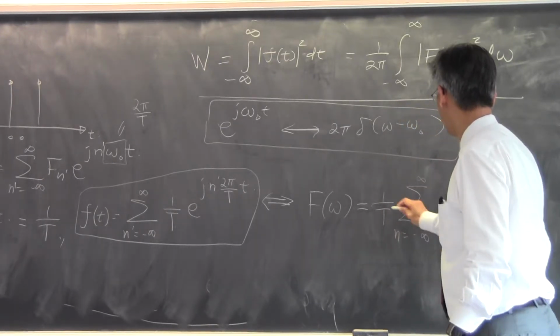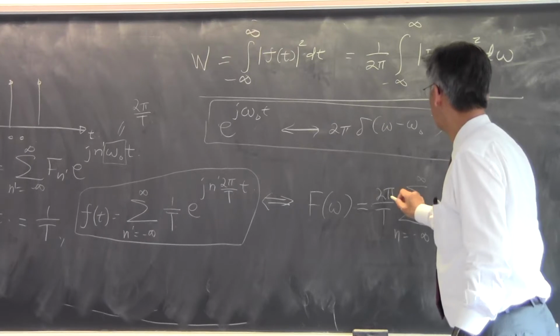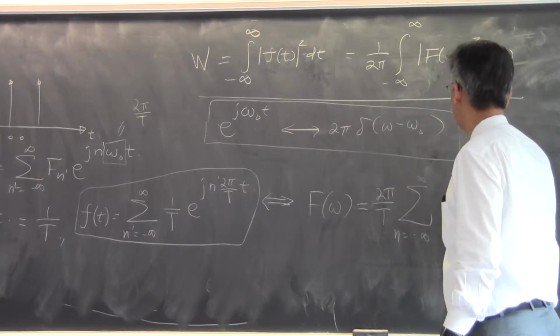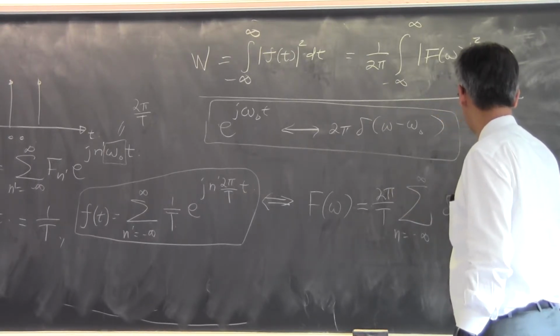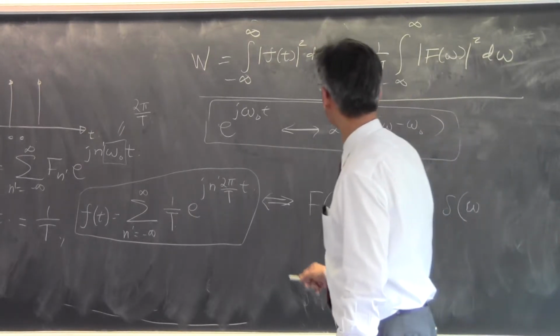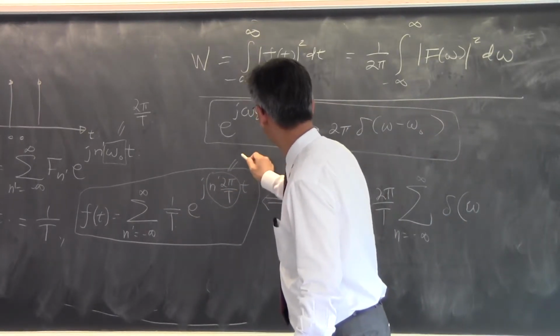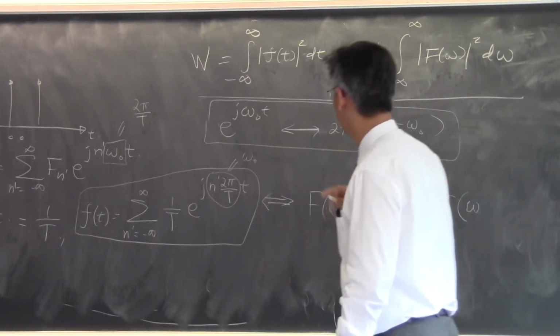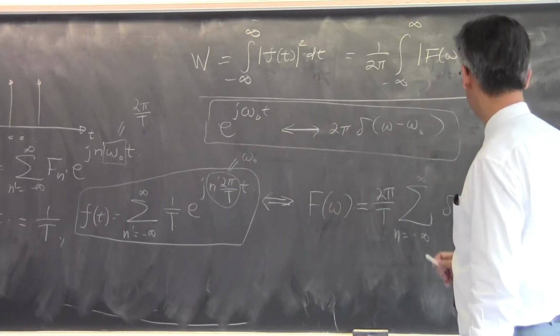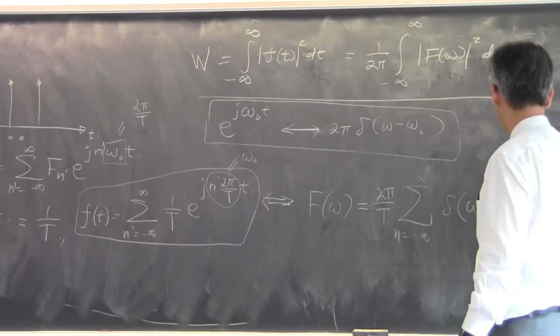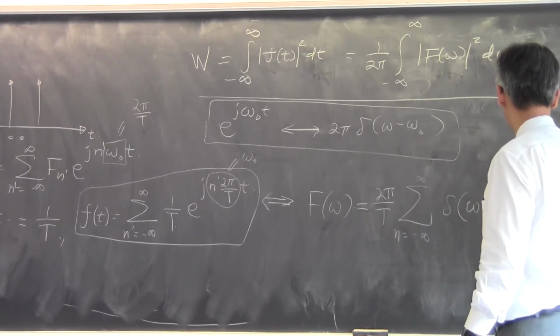If I use this formula, I get 2 pi, and then I have delta of omega minus n omega naught, where omega naught is given by this. Omega naught should be, when I apply that formula, n 2 pi over T.